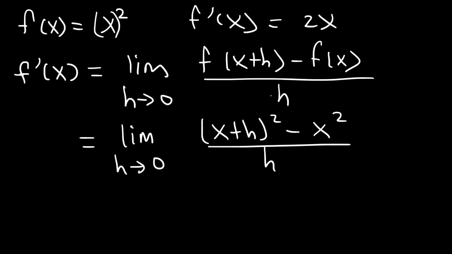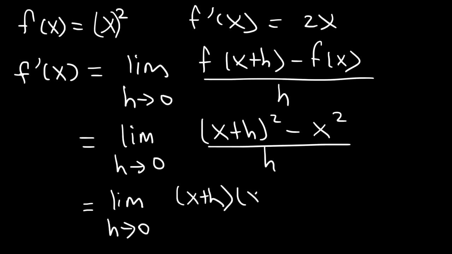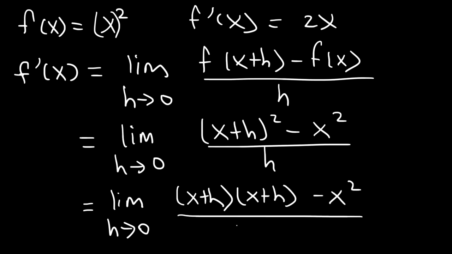So what you can do if you want to is FOIL x plus h times x plus h. But for now, I'm just going to rewrite it. So this is x plus h times x plus h minus x squared. Our goal is to get 2x.